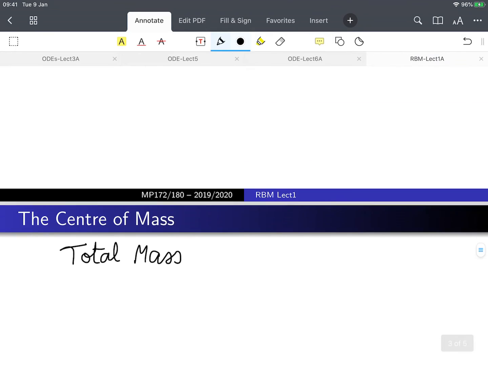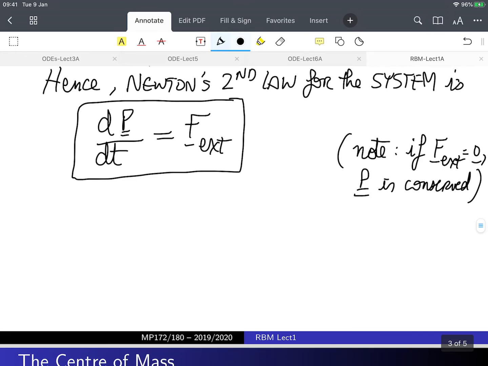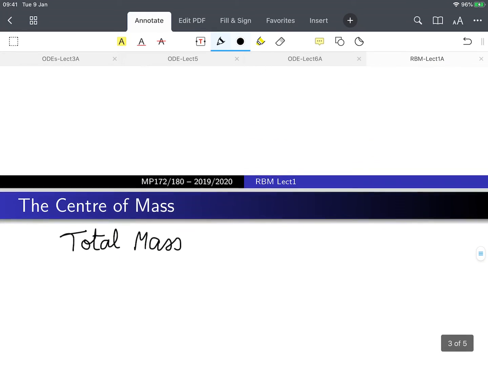So we've seen this dP/dt equals F external, that's pretty much like what happens for one particle. So why not try to see the whole system as one particle, where F external is the sum of all the external forces, and capital P should be the momentum for one particle. Maybe it's not one of them, it's just a fictional particle. What's the position of that particle? What's the speed? Let's try. What's the mass of that particle?